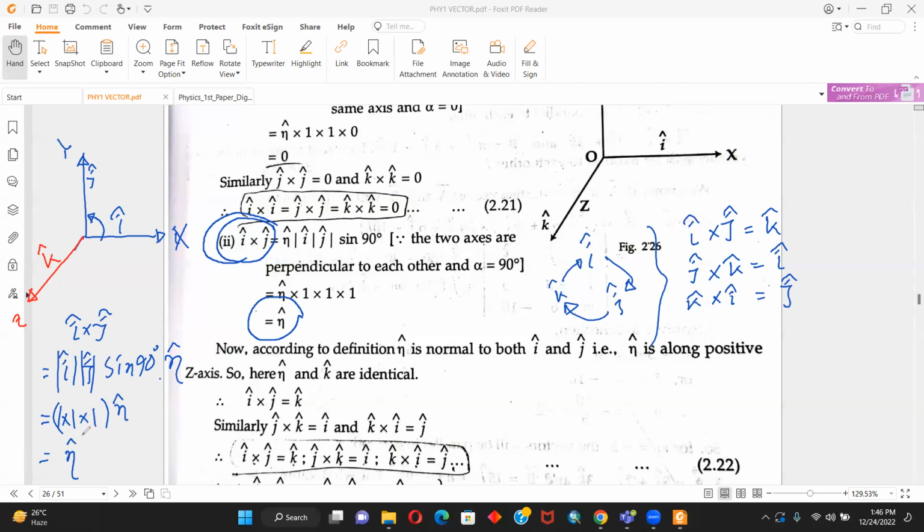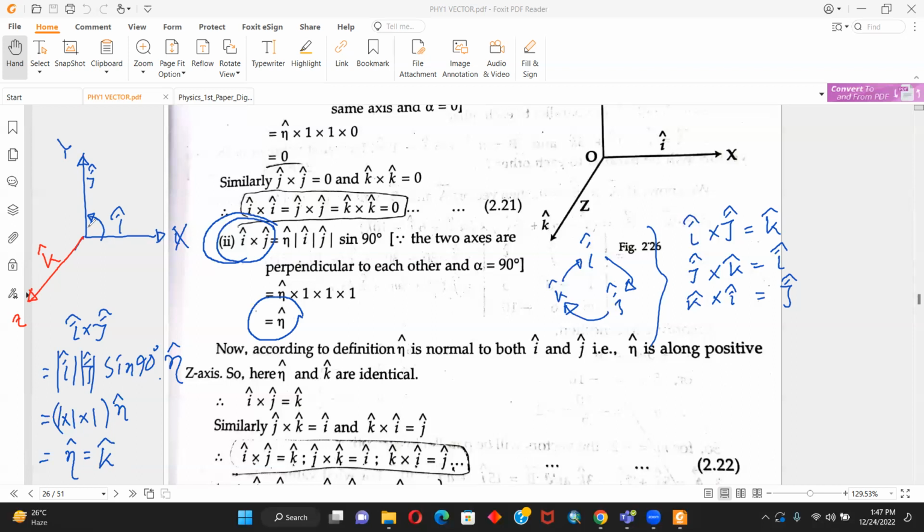Now what is this eta cap? Eta cap is the direction, and the direction will be along the z axis. Already understood that, right? So can we not write it like k cap? See, the direction is anti-clockwise, that means it will be upwards. Now what does upward mean?